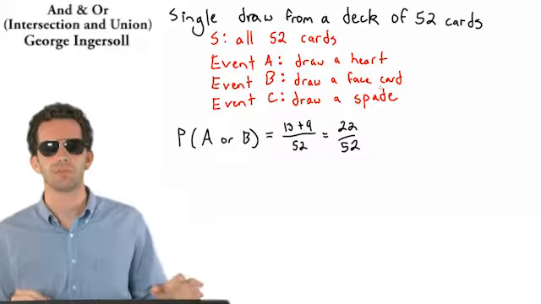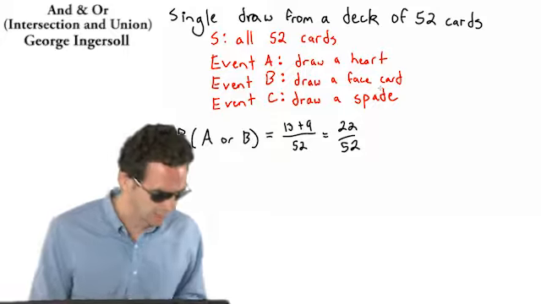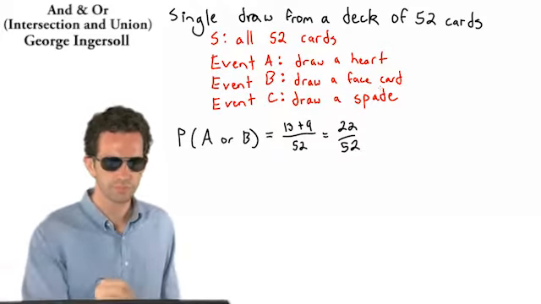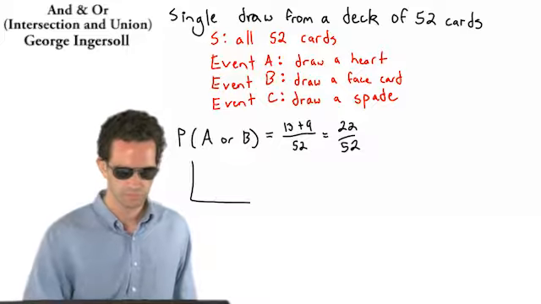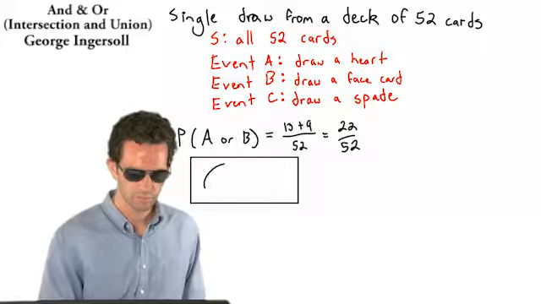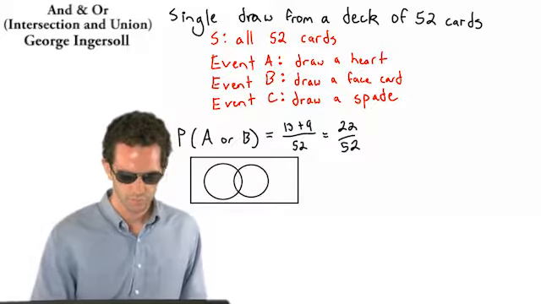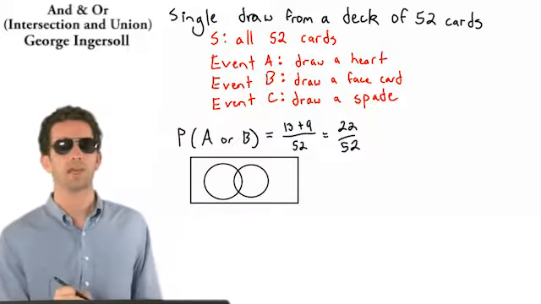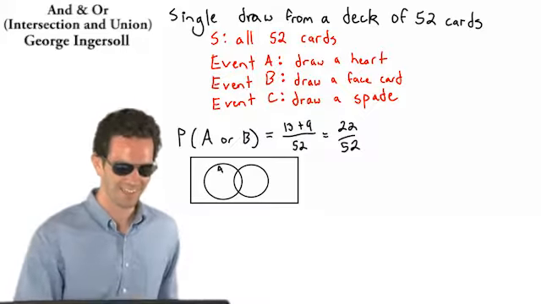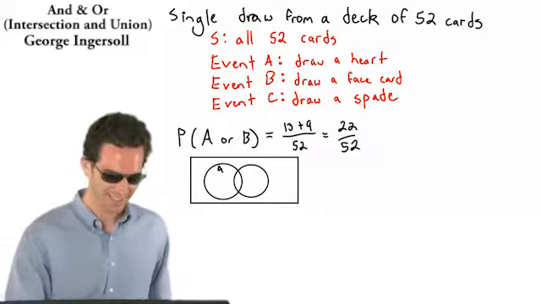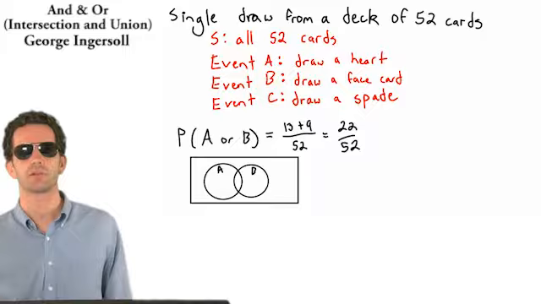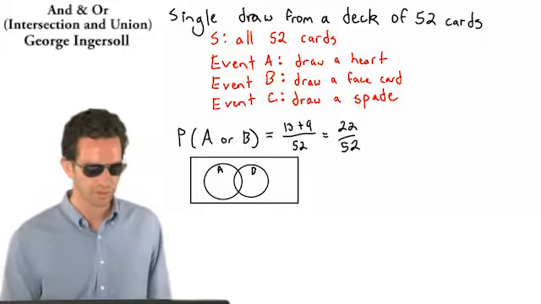And let's look at this graphically really quickly. That was a pretty nice proportion. So this is A right here, and this is B right here. We know A is slightly larger than B because there are 13 hearts and only 12 face cards.